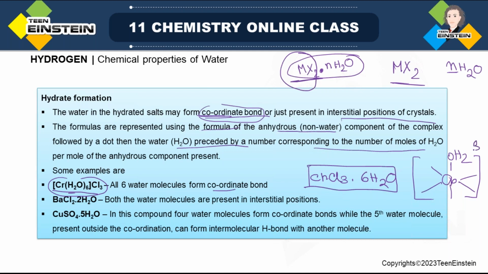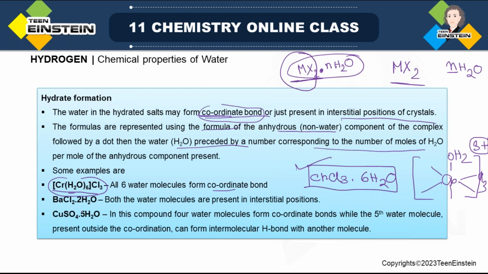And there is a total of 3 positive charge. This 3 positive charge is balanced by the 3 chloride ions, Cl minus, outside. So that is present outside the coordination sphere. If you are expressing it in the hydrate form, it should be CrCl3 dot 6H2O.